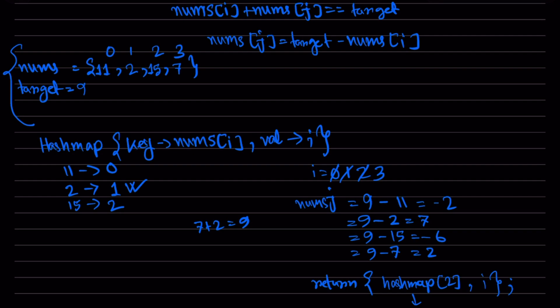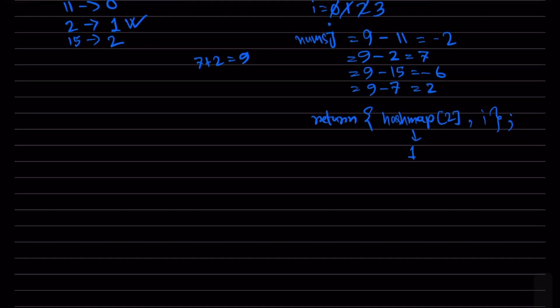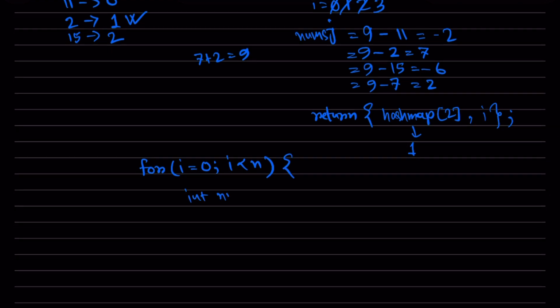So let's do a pseudocode for this before I start implementing the solution. First, I'll write a for loop where i starts from 0 and runs until n. Here, int nums[j] is target minus nums[i].